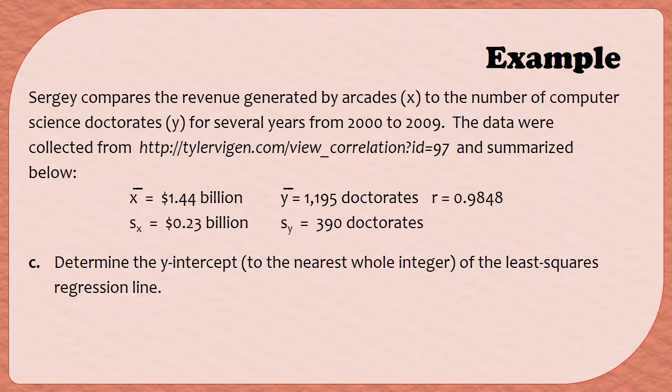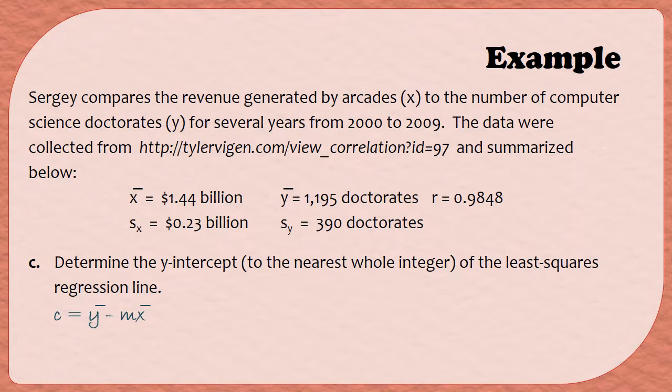Part C of this problem is asking us to determine the Y-intercept to the nearest whole integer of the least squares regression line. Earlier, we were told that the formula for the Y-intercept is to take y bar and subtract m times x bar. Notice that in order to find the y-intercept, we have to find the slope first, because the slope is in the formula for the y-intercept.